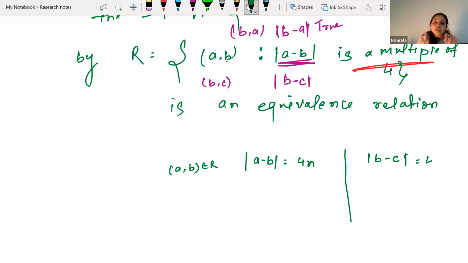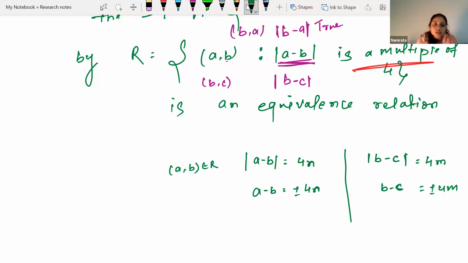Let's say it is 4n, so a minus b will be plus minus 4n, and b minus c will be plus minus 4m. If any number is inside the modulus, it can be positive or negative.